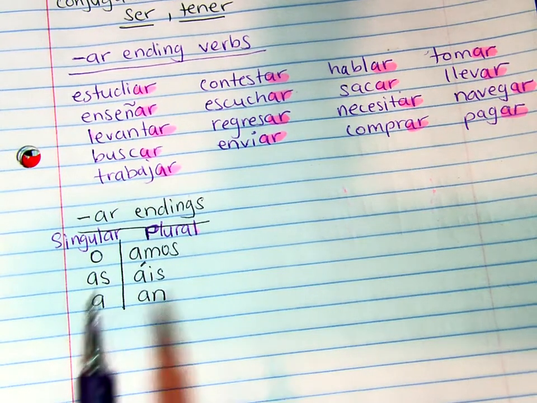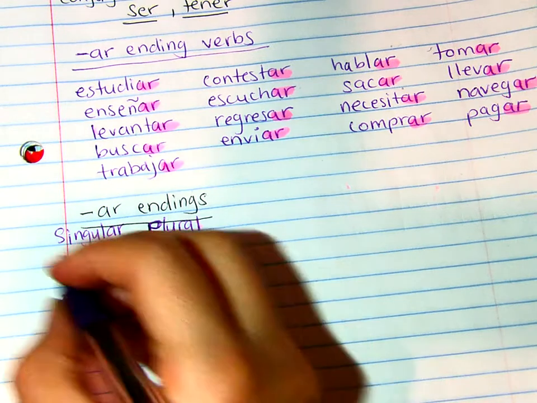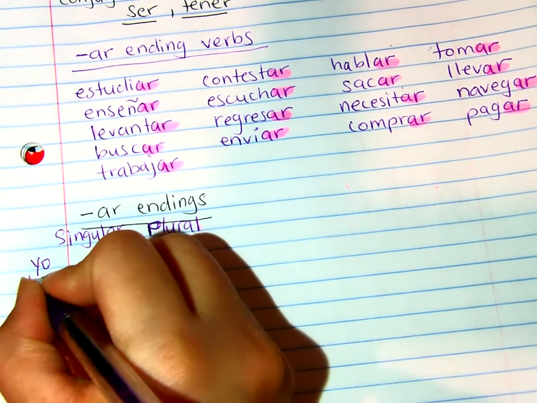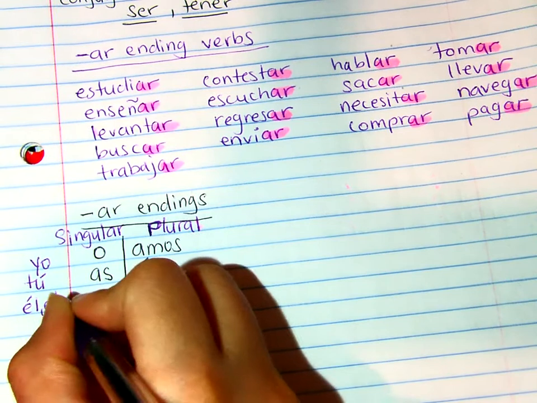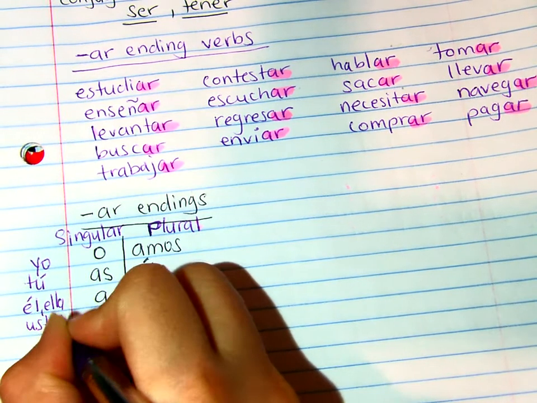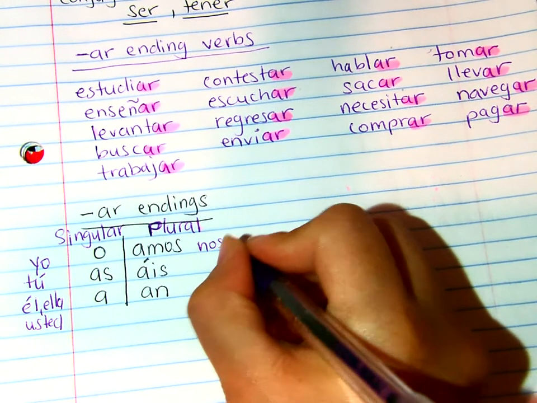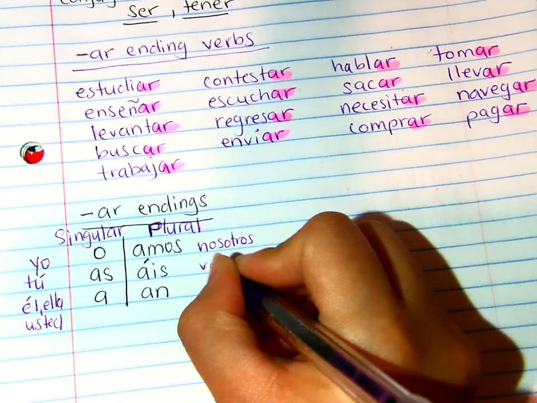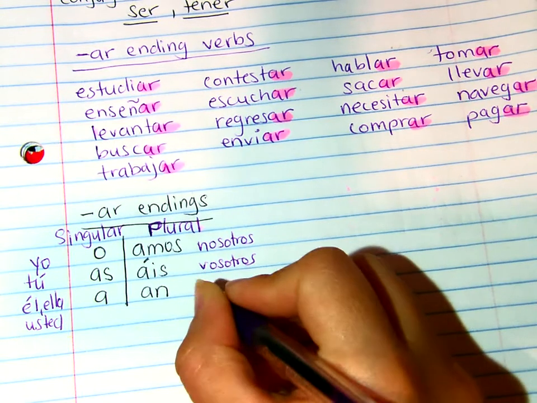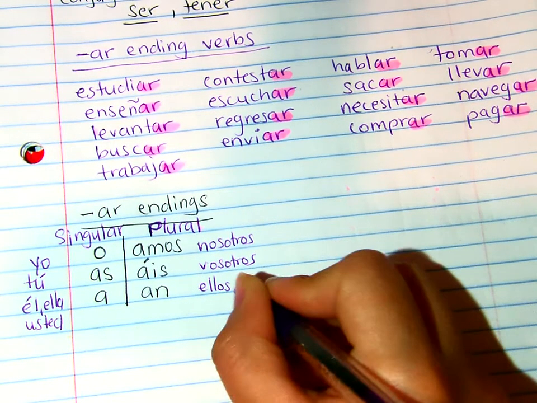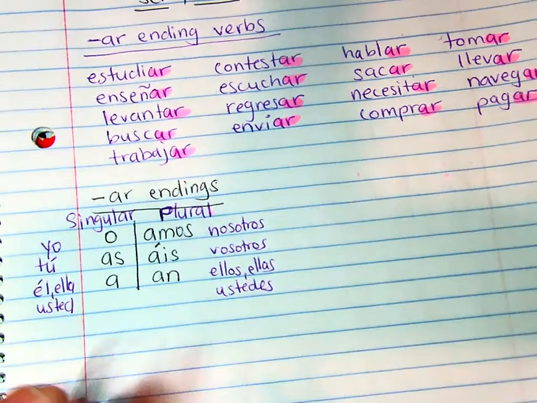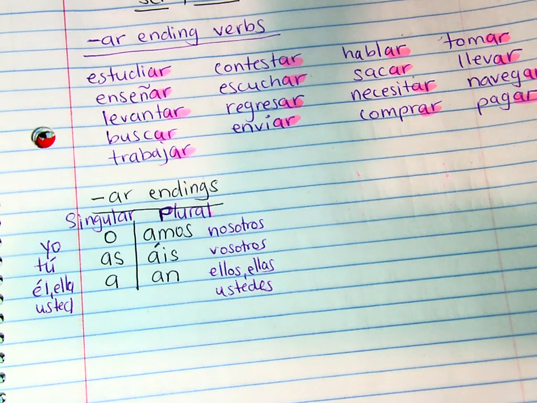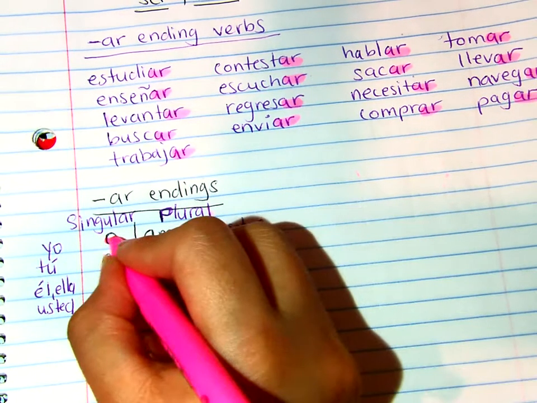These endings belong to pronouns, right? Yo, tú, él, ella, usted, nosotros, vosotros, ellos, ellas, ustedes, right? All right, so you know that, right? The most important thing is that you know your endings.